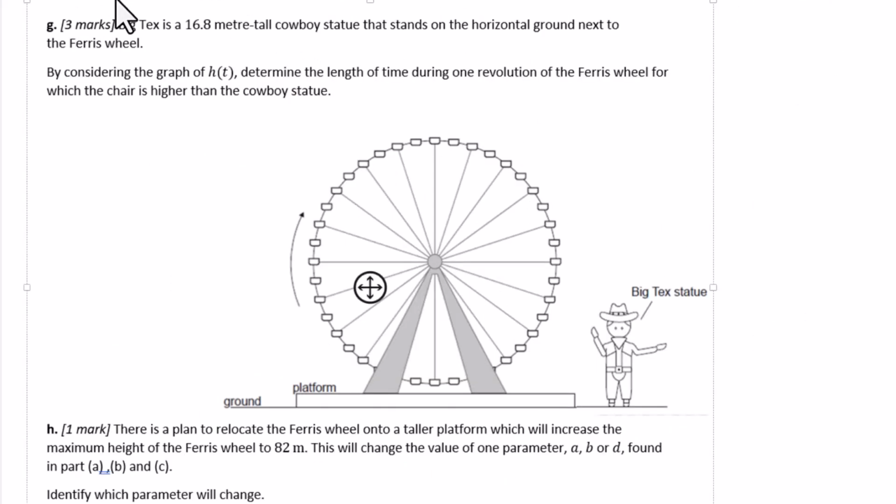Let's go to J. Big Tex is a 16.8 meter tall cowboy statue that stands on the horizontal ground next to the Ferris wheel. By considering the graph of h of t, determine the length of time during one revolution of the Ferris wheel for which the chair is higher than the cowboy statue.